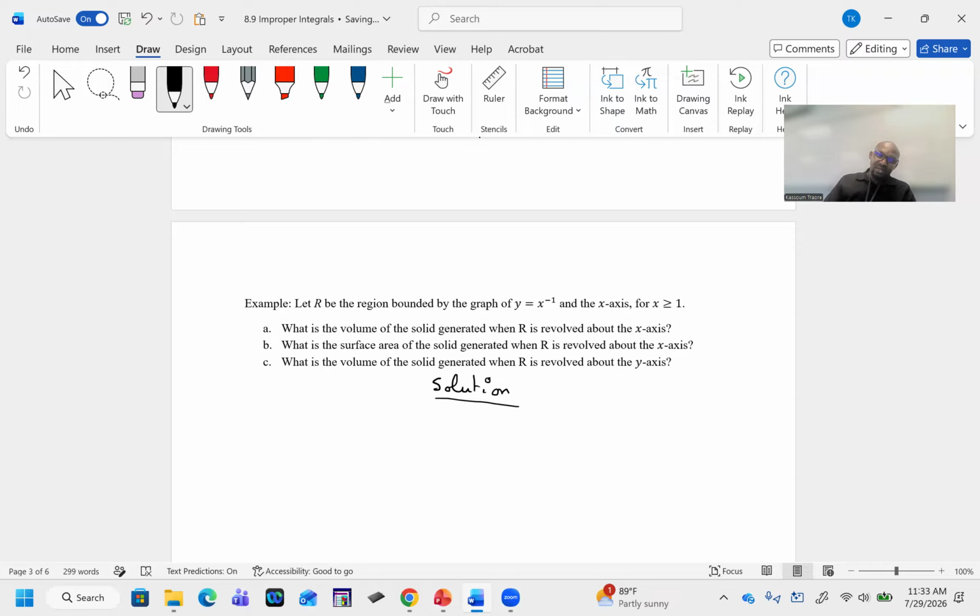Again, I'm going to give you a brief sketch of what we have going on. x to the power of negative 1 is the same thing as y equals 1 divided by x. So the graph is something like this, right?